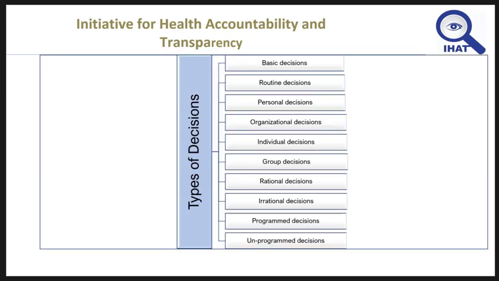There are different types of decisions, and they include basic, routine, personal, organizational, individual, group decisions, rational decisions, irrational decisions, programmed and unprogrammed decisions. We'll be looking at these decisions one after the other.